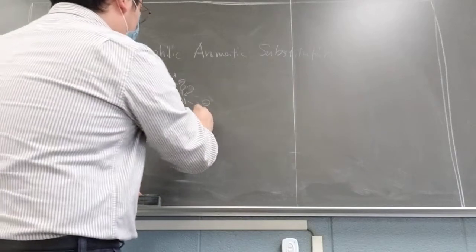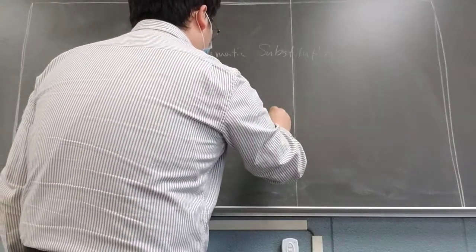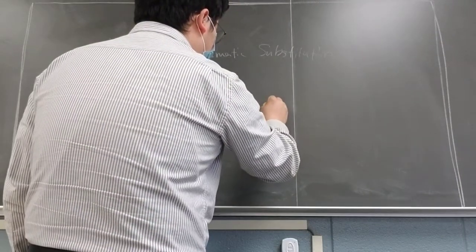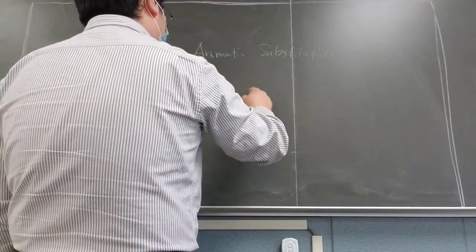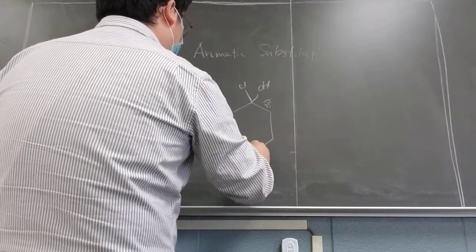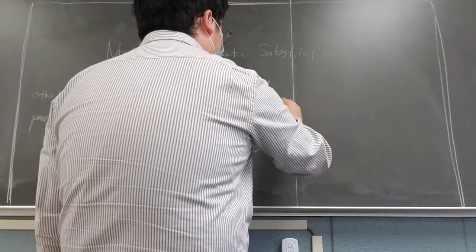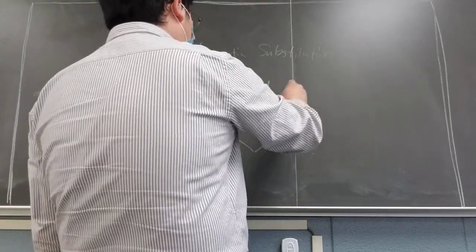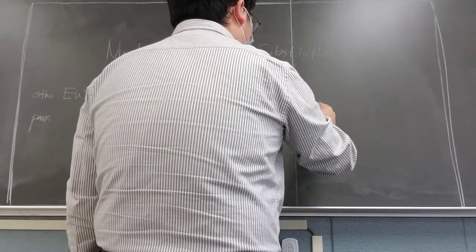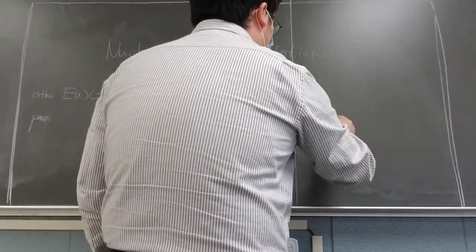So then it goes to, so this double bond will move the charge over here, and then that goes to make a double bond on here. Okay.